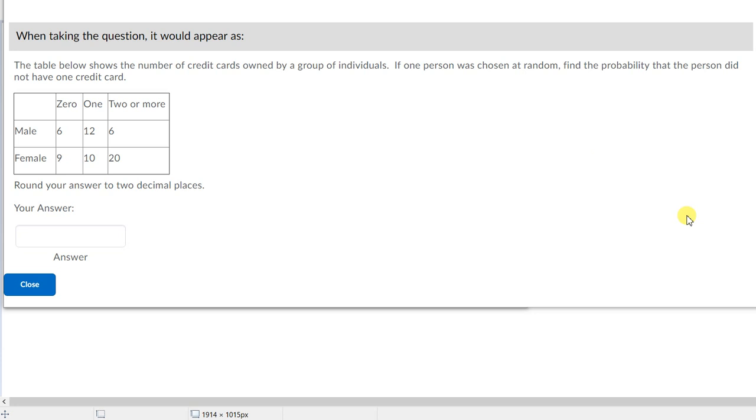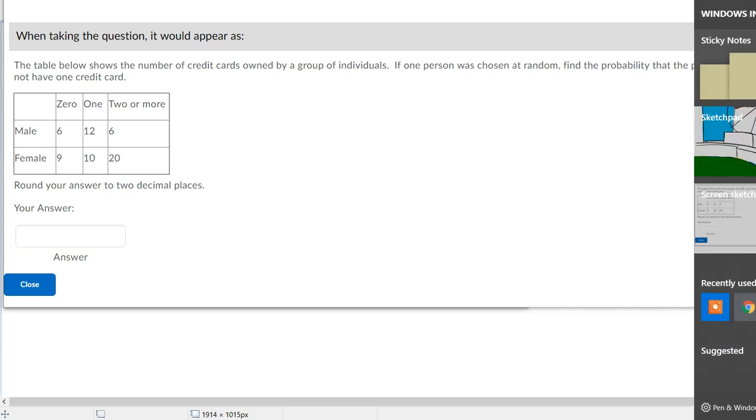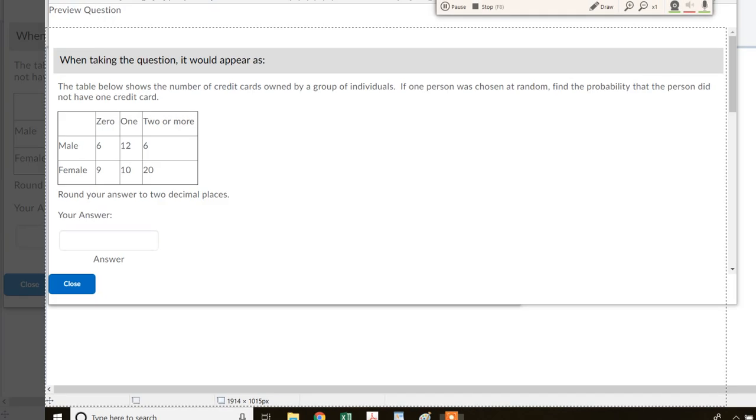Okay, so this is number 7. For number 7, they're asking for a not, the opposite of something. So we're being asked for the probability that the person did not have one credit card. Now there are two ways to do that. Not means complement.